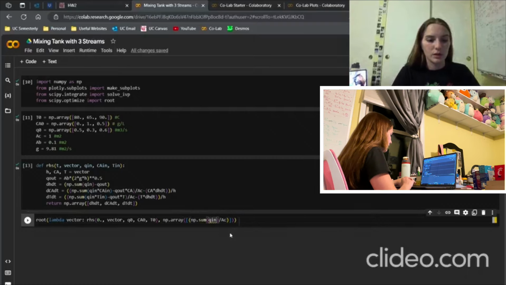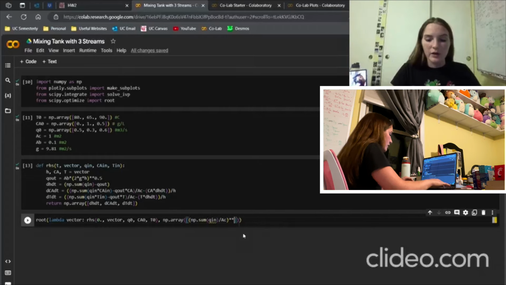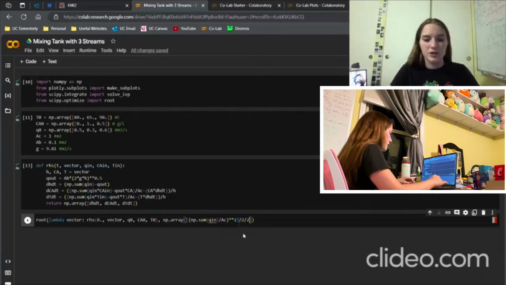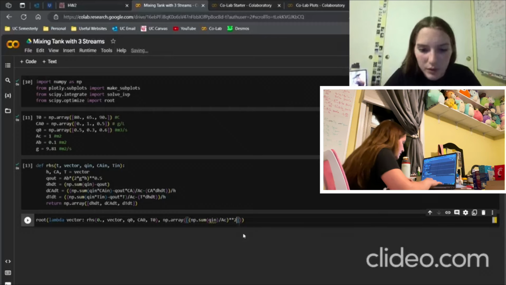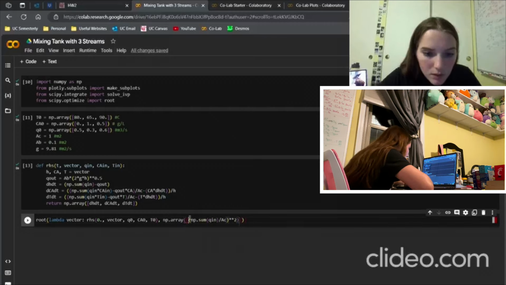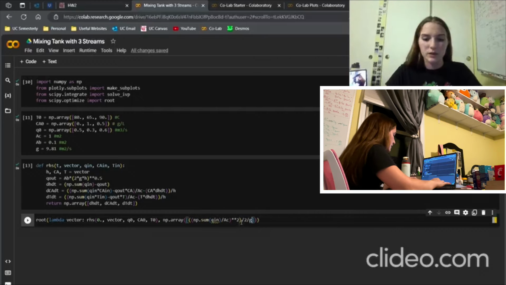We got a yellow line there. We'll figure that out in a second. By our cross-sectional area squared. And then this will be divided by 2 divided by g. Oh, I'm missing a parenthesis here. Divided by 2 divided by g.